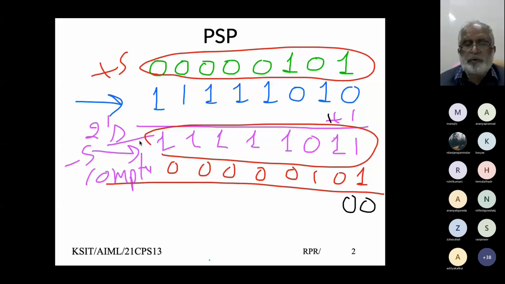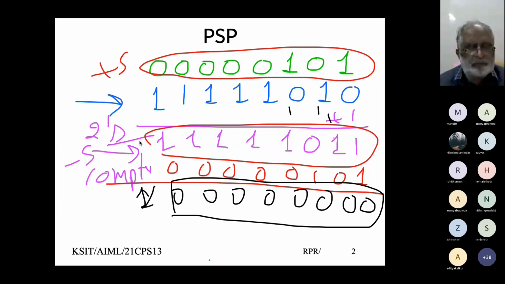So whether I add negative numbers or two positive numbers, two's complement works beautifully. If I take just two positive numbers, let's add plus 5 and plus 5, which is 10.